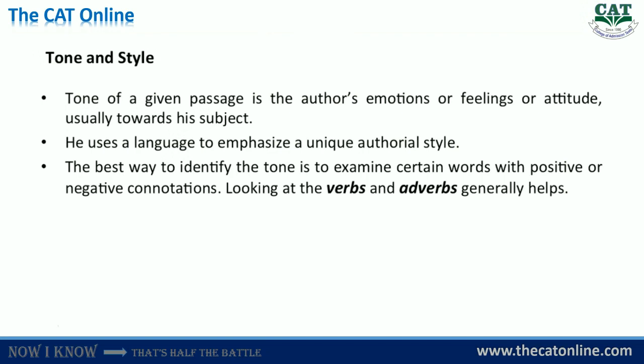He might be happy, he might be sad, he might be very objective or plain, but the type of words that he has chosen to write this text will help us determine his feeling, his exact attitude towards the subject, right?